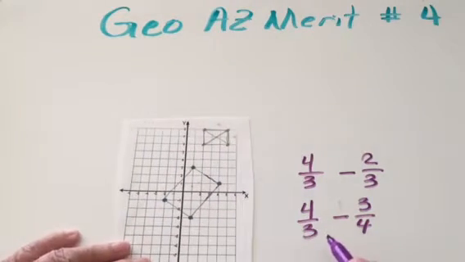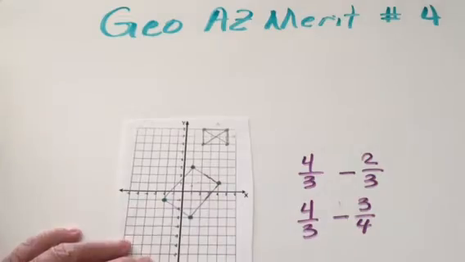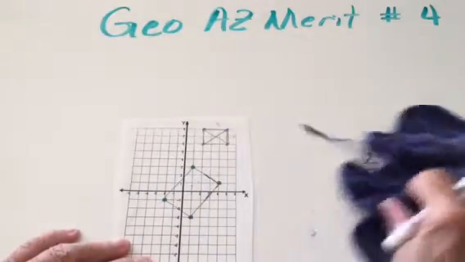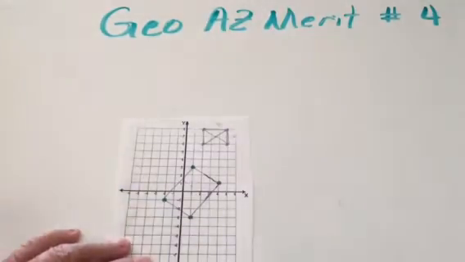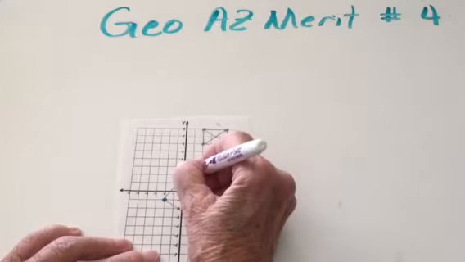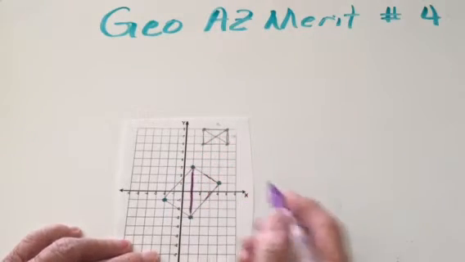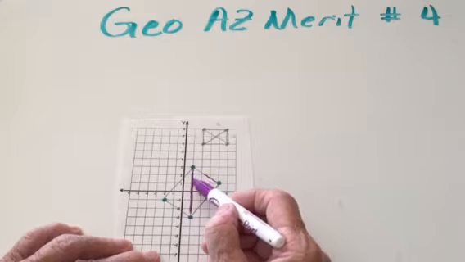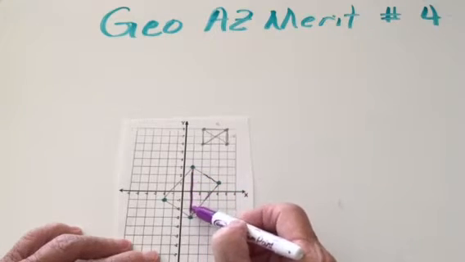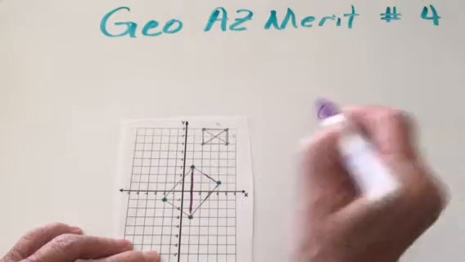So number A says, since the diagonals of quadrilateral RSTU are not congruent. All right, so let's figure out what the diagonals are. This diagonal is easy enough. All I have to do is count. 1, 2, 3, 4, 5, 6. So that's 6.